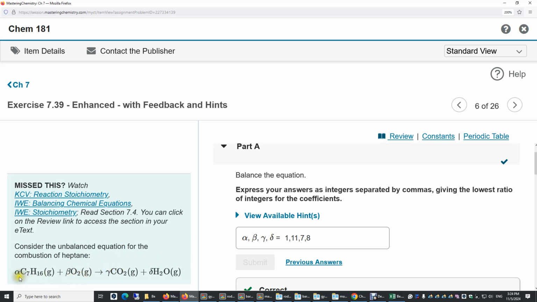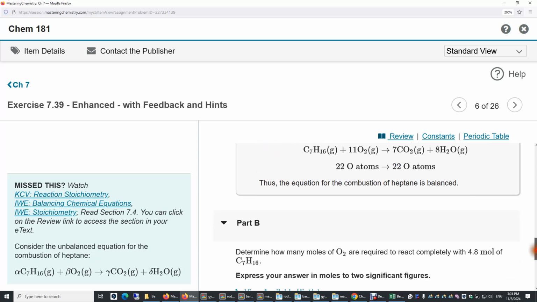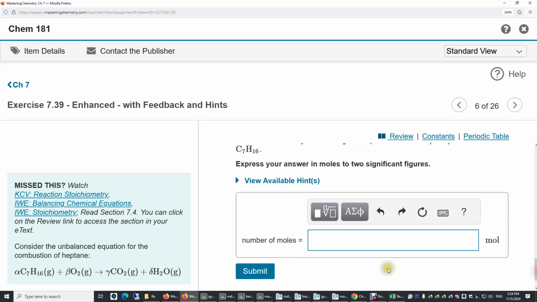You can see alpha and beta are 1 and 11. So the number of moles of O2 is 11 times the number of moles of heptane. We have 4.8 moles of heptane times 11. That will be the answer.